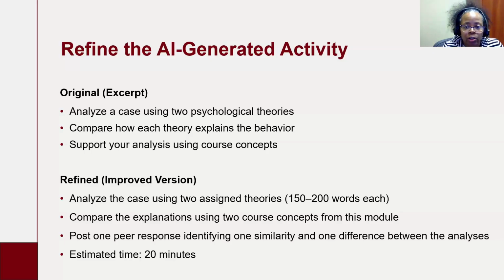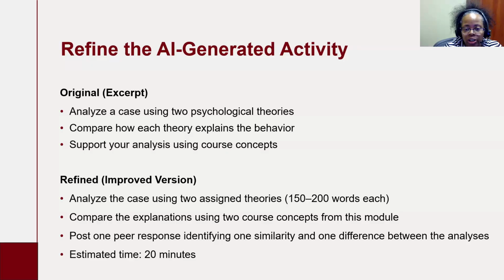So here you'll notice the core activity remains the same. Students are still analyzing the case using two psychological theories. What changes are the expectations. First, I added a suggested word range. That helps clarify the scope of the task and provides students with a clearer sense of what's expected.